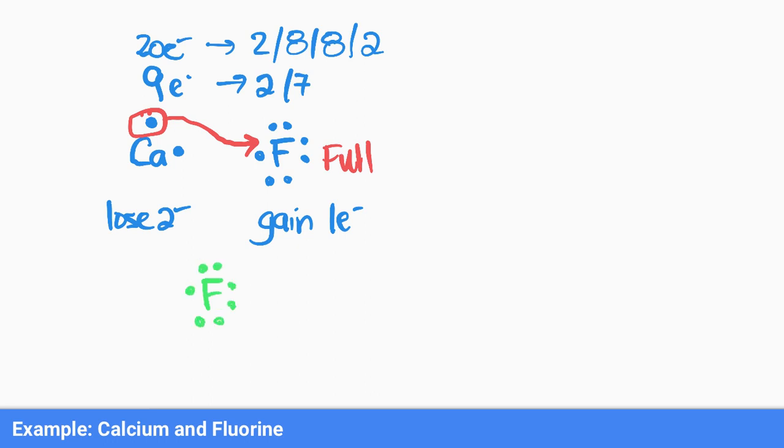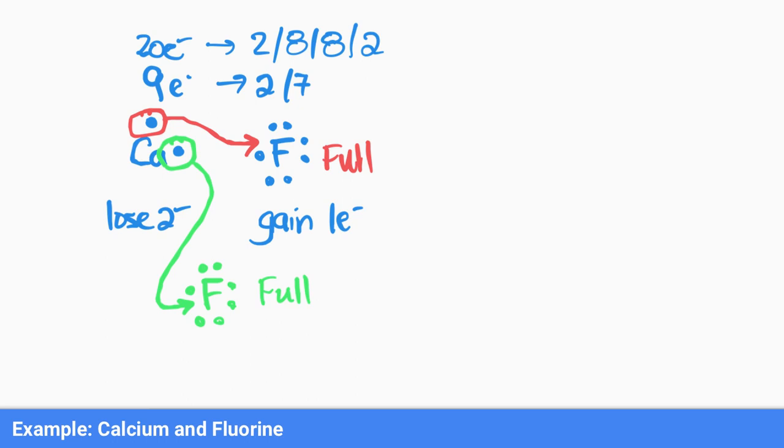And we continue in this manner until all of the valence shells are satisfied for each of the metal and the nonmetal. Okay, so that second electron can go to the fluorine, and now calcium would have a full valence shell, and both fluorine atoms would also have a full valence shell.